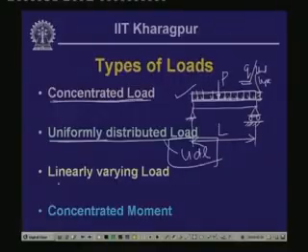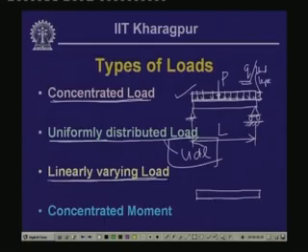Now, there is another kind of loading which we call linearly varying loading. The meaning of linearly varying loading is, say for example, if we have a simply supported beam which is hinged at one end and on roller support on the other, and it has a load which is varying in a triangular pattern.